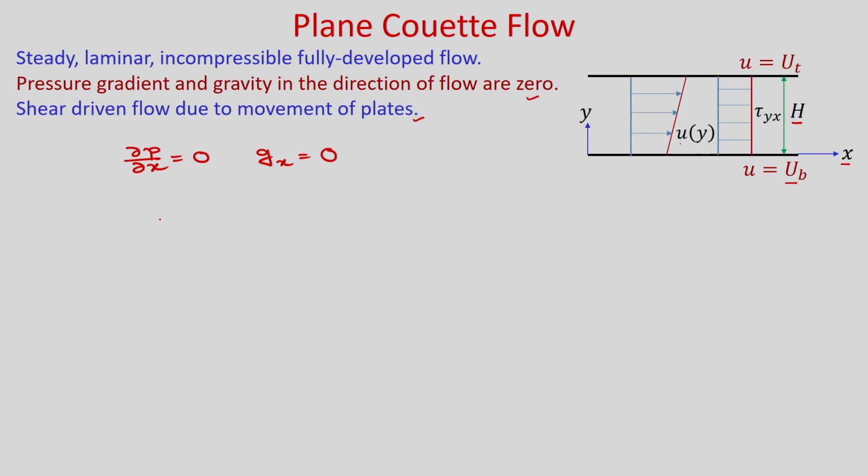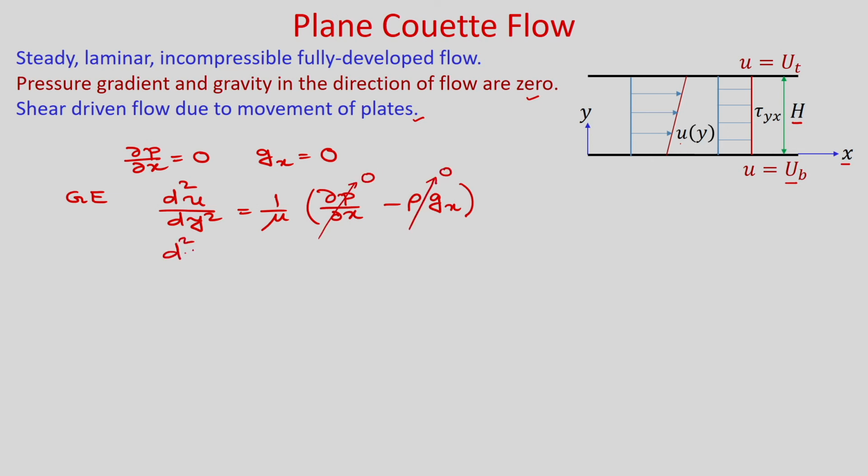Whatever governing equation we have derived, d2u by dy square is equal to 1 by mu del p by del x minus rho g x. These are 0 for this particular case, so we have the governing equation d2u by dy square is equal to 0.